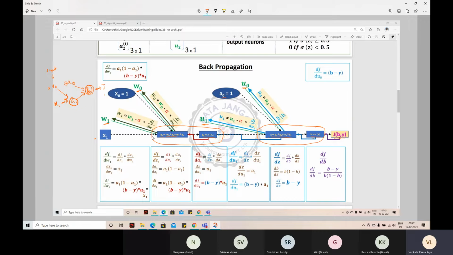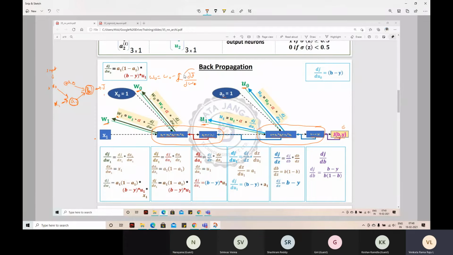In the back propagation of the first iteration, I should be calculating these W's. I have some cost. Now I should be calculating the next W1 and the next W0. What is the formula for W0? W0 is equal to W0 minus alpha into dJ by dW0. That's the formula.